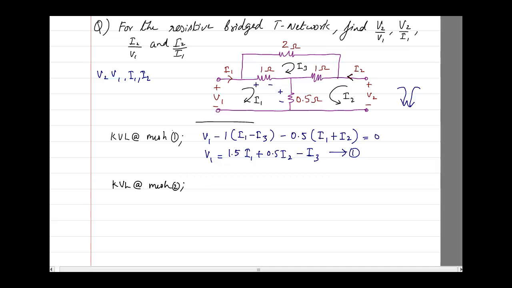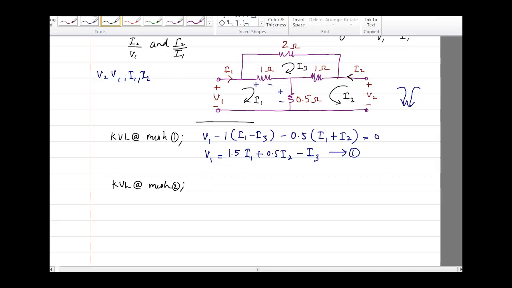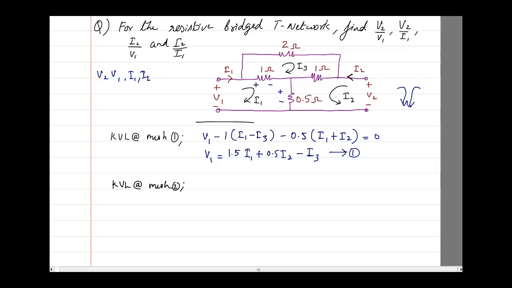KVL at mesh 2. Again if I'm looking from this side, this is going to flow plus minus, this is going to be plus minus, correct?